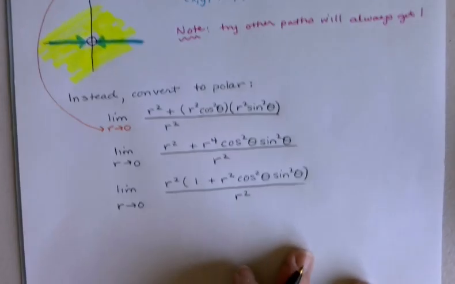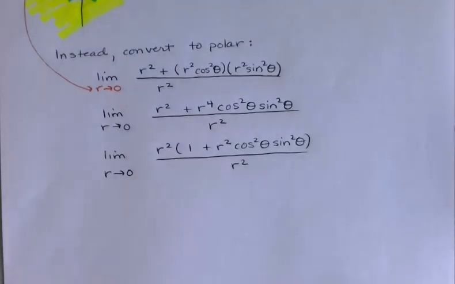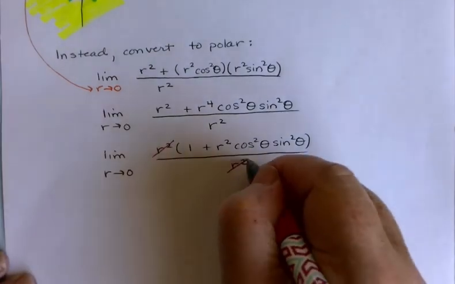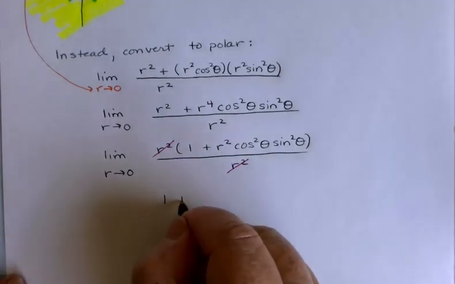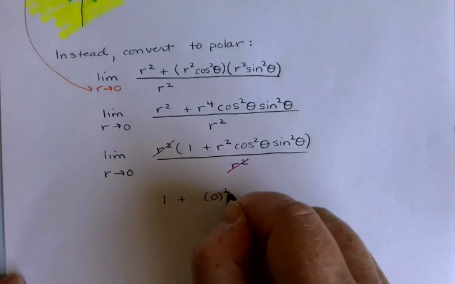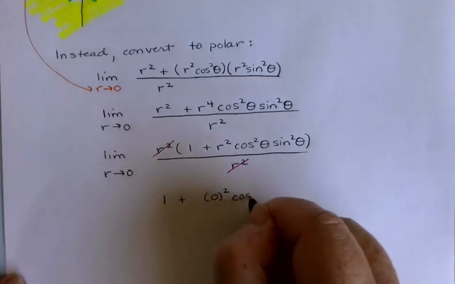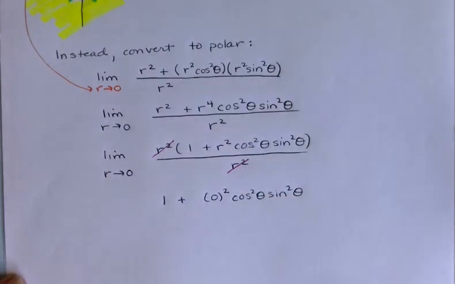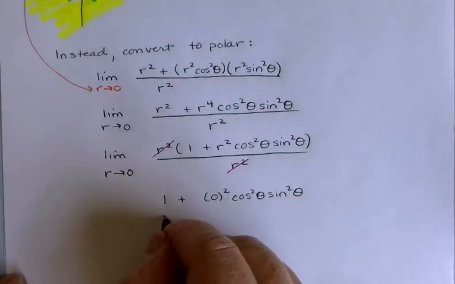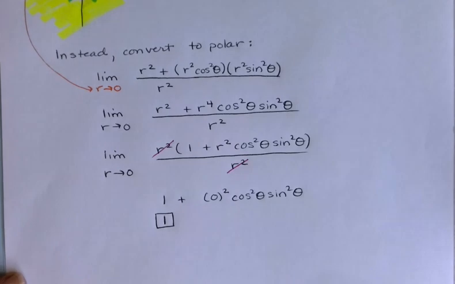Which allows me to very nicely algebraically divide out those r squareds. And now if I let r become 0, I'm going to get 1 plus 0 squared times these trig functions, which I don't really care too much about anymore because they're now multiplied by 0, right? And I'm just going to end up with a limit of 1.